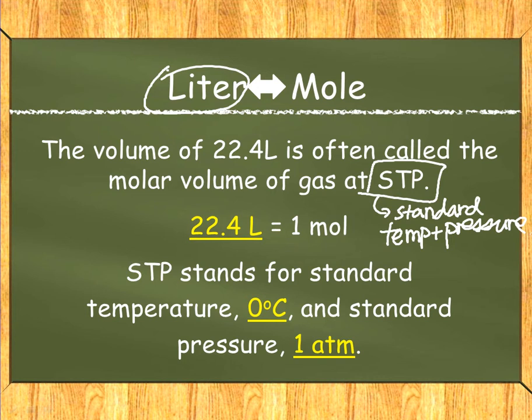All you need to know is that for STP, you have 0 degrees and 1 atm. And that's not even the important part. The most important part is that when you have 1 mole of gas at STP, you have 22.4 liters.